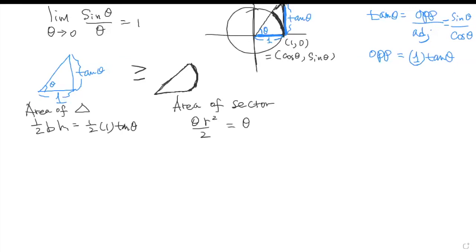It's 1. Yeah, it's 1. Look, it's a unit circle, right? It's 1 squared over 2, which is theta over 2, right? Okay, now I want to make this triangle. So let me write down.